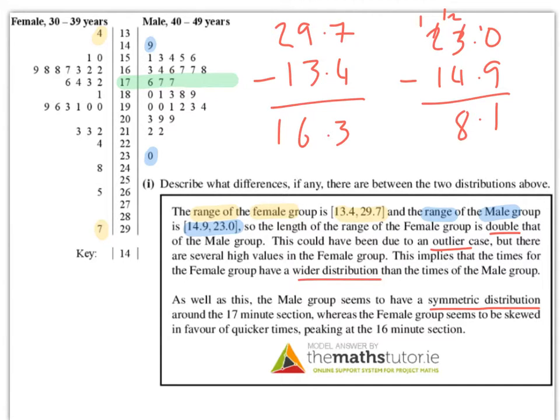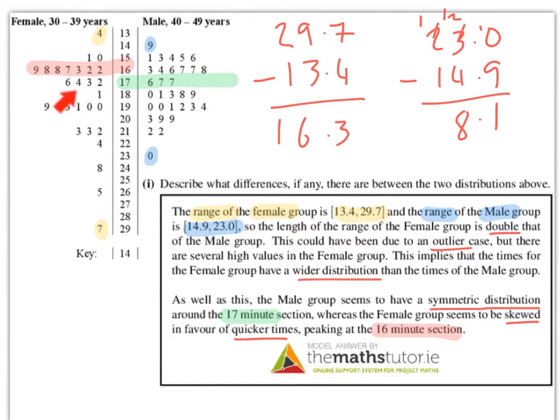Whereas the female group seems to be skewed in favour of the quicker times, peaking at the 16-minute section. If we look at the female section, we can see that at 16 there's quite a lot of athletes in the 16-minute range. We've got 16.2 up as far as 16.9.